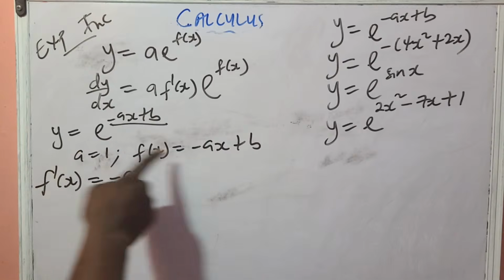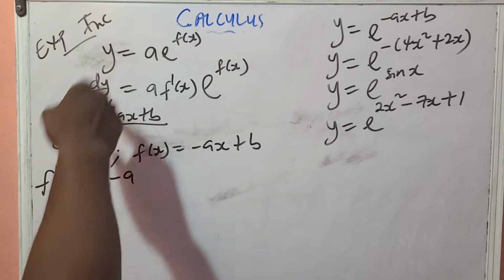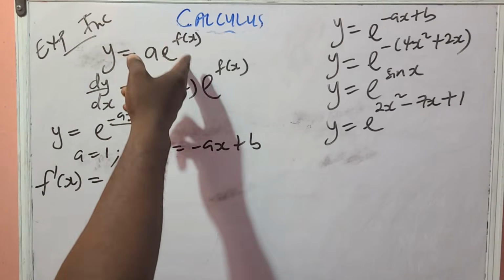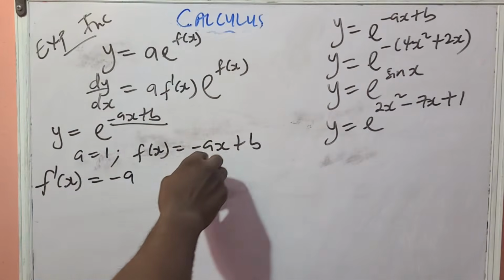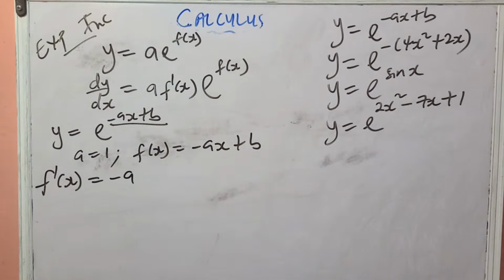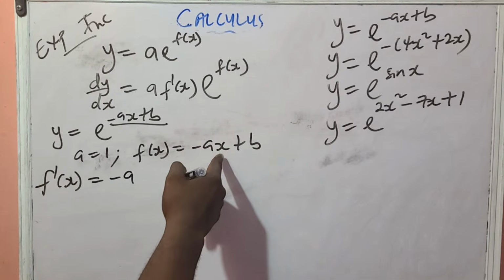The a here is not the same thing as the a here. This a, we can decide not to use a. This a is just the coefficient of my exponential. This exponential had a as part of the variable, so it's actually a constant, but it has a there. So just don't misunderstand them. So that's f prime of x, the derivative of this function with respect to x.